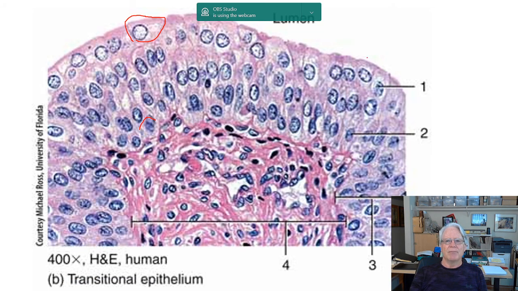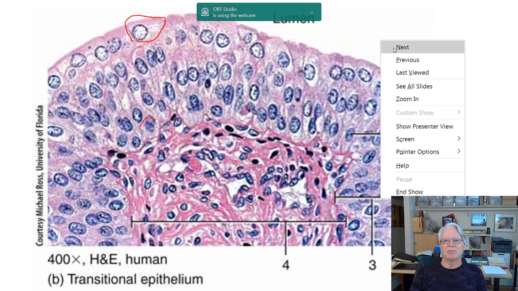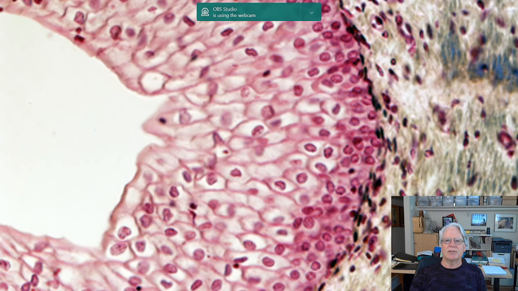But if you look at the shapes of the cells from top to bottom, you'll notice a difference. Larger up here, smaller down there. All right, so smaller down here, larger cells up here. Okay. It does look stratified, but the cell shape, you can't really describe that as cuboidal.